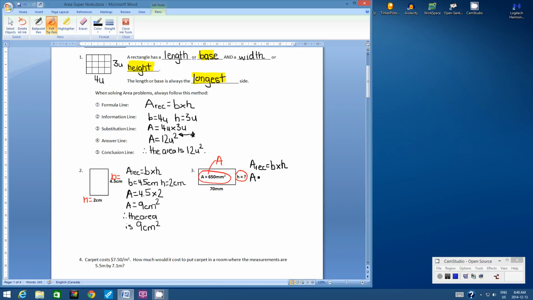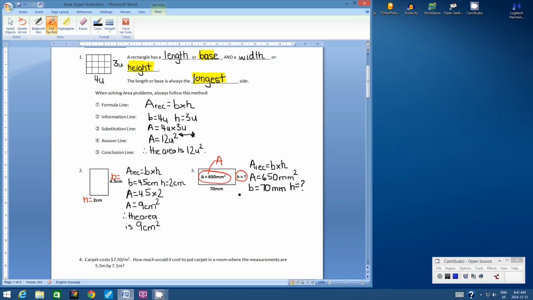Well, in this case, we actually know the area, 650 millimeters squared. And we're going to assume this is the base because here I've labeled it as h equals question mark. So we know that the base equals 70 millimeters. So what are we asked to find? We're asked to find the height.